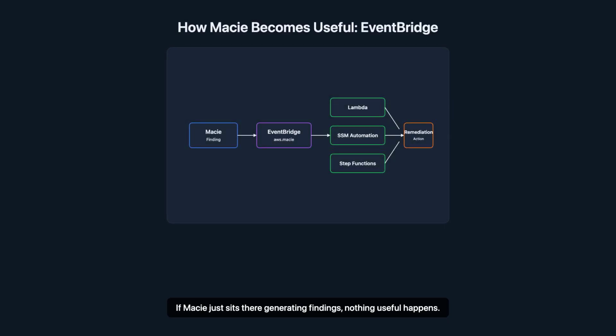If Macie just sits there generating findings, nothing useful happens. The thing that makes Macie operational is EventBridge integration. Every time Macie creates a finding, it publishes an event with source aws.macie and detail type Macie Finding. From EventBridge, you route those events anywhere.